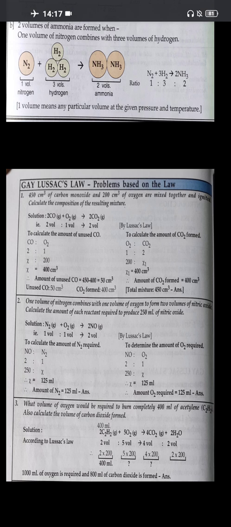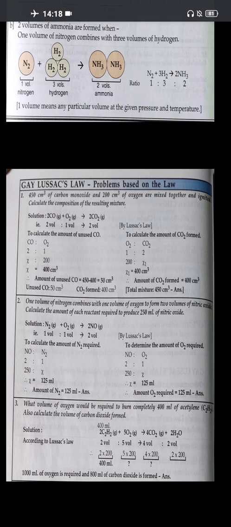Now, how do I calculate the volume of carbon dioxide formed? By looking at the equation, you know that two volumes of carbon monoxide give you two volumes of carbon dioxide. Now you know the volume of carbon monoxide that is being utilized. Find the volume of carbon dioxide that is formed. So the amount of carbon dioxide formed equals 400 centimeter cube.